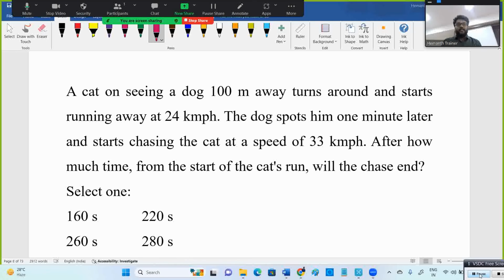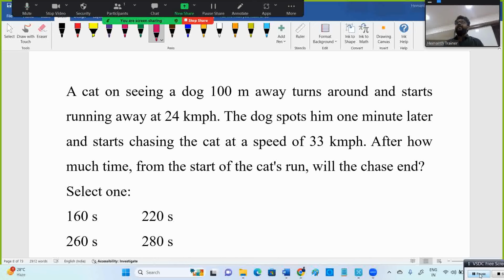This is a good question actually. Initially, what is the distance between cat and dog? 100 meters. When dogs see a cat, the dog will immediately run and try to catch. But for the cat seeing a dog which is 100 meters away, it starts running at 24 kilometers per hour.